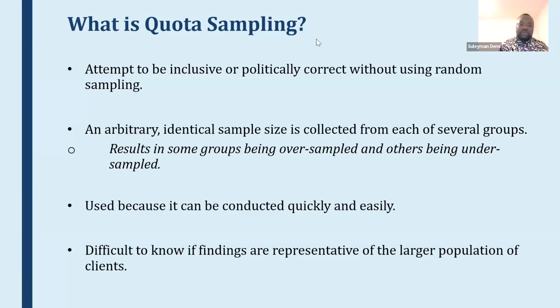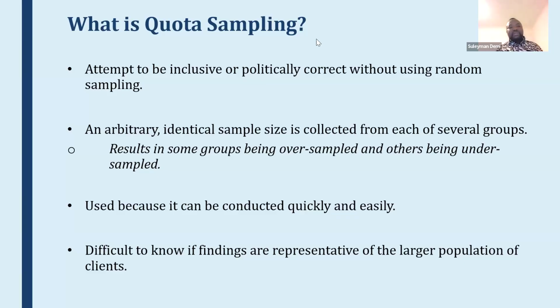But when you check the registrar or you check the student population, you realize that, let's say, social sciences are 400. The number is 400. But the physical sciences are 600, right? So now you have to give quota, right? You have to develop quota.